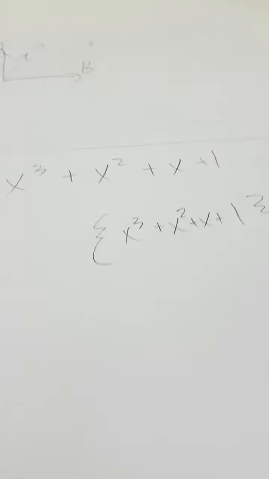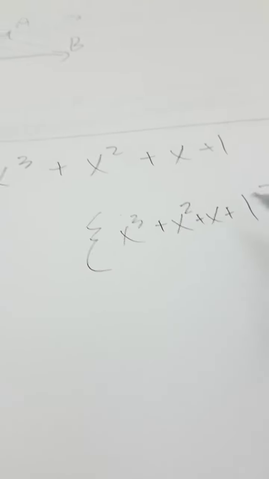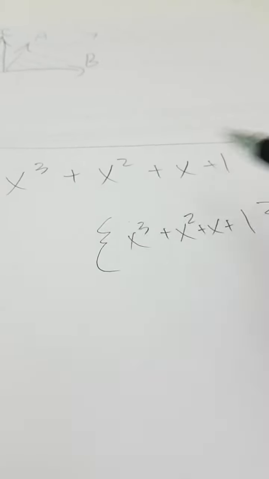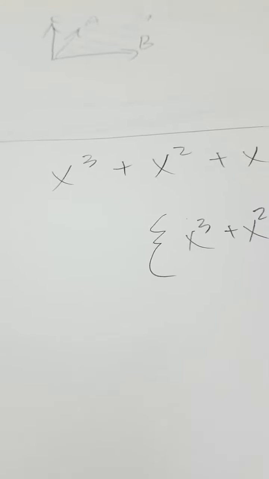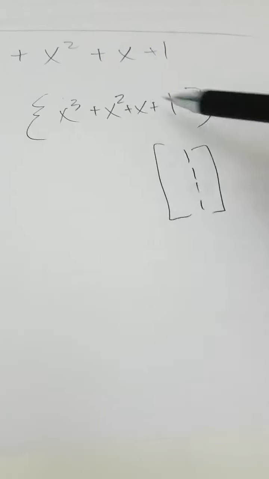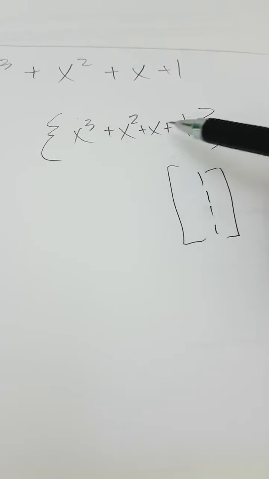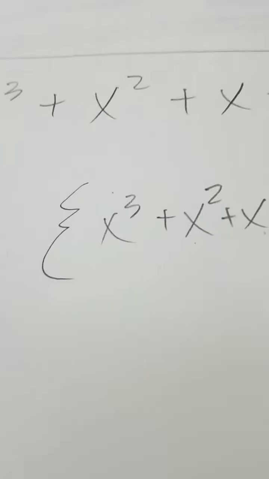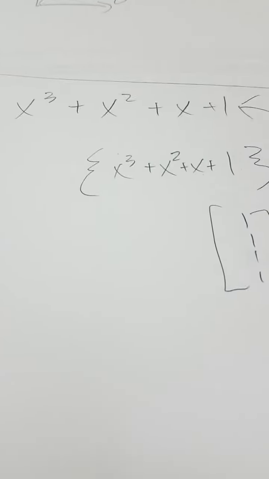So let's just say it's just the same elements of this polynomial, right? You got an x cubed, you got an x squared, you got an x, and you got a 1. So you could easily just add them all together, that plus that plus that plus that, to get that, okay?